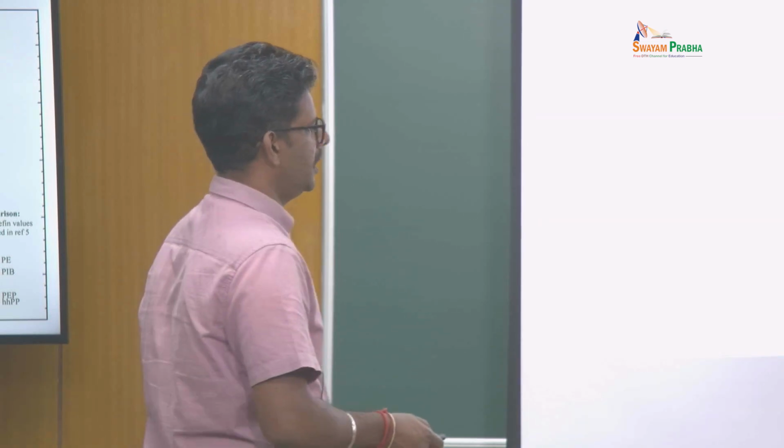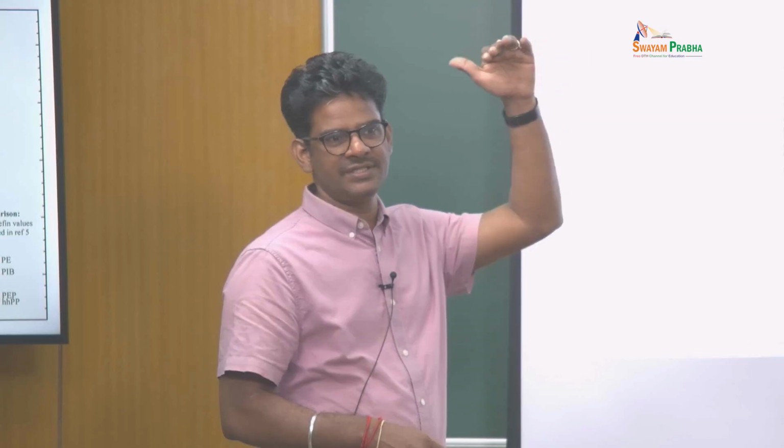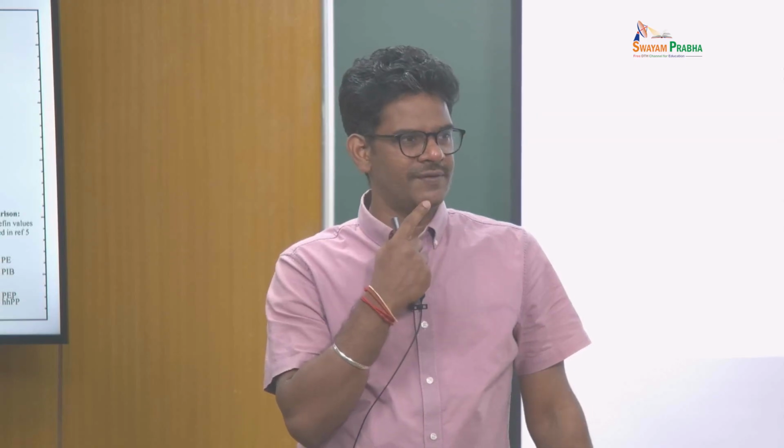And you can see that several kinds of polymers are listed here. So PVC is polyvinyl chloride, having very high cohesive energy density because what? Why do you think PVC would have such a high cohesive energy density or high amount of intermolecular forces?